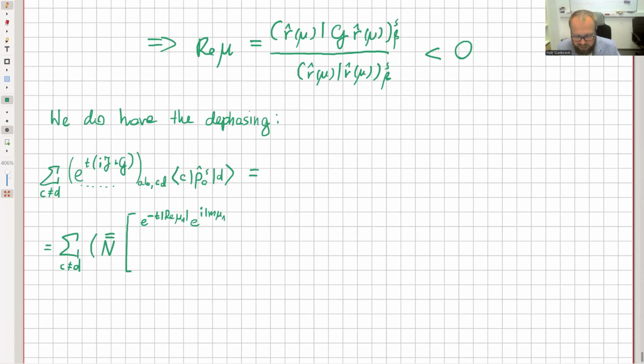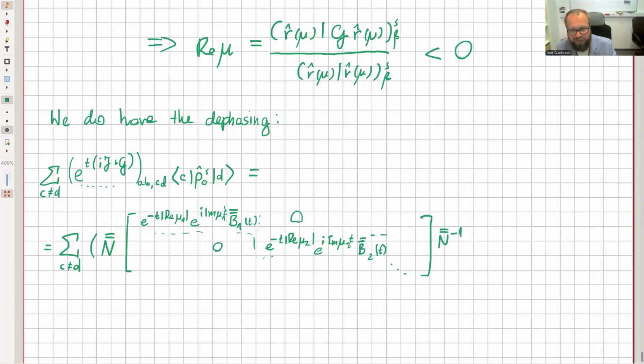So there will be a block matrix B1, which can depend on t, representing the first Jordan block, and then e to the minus t real part of mu2, e to the i imaginary part of mu2 times t, and the next matrix that might represent a Jordan block, if necessary, and so on for every eigenvalue.